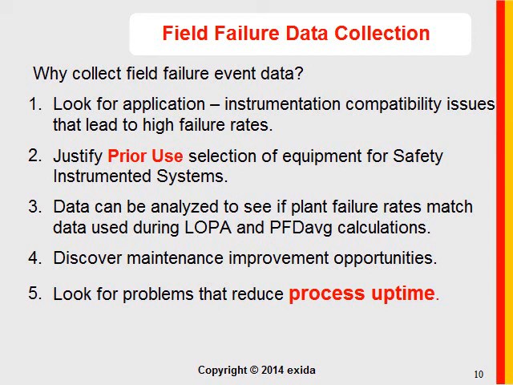Any improvements for maintenance could be flagged as a result of your data collection, and all this in the end should lead to higher process uptime. And of course, safety doesn't really pay the bills, it's an insurance, but in the end, what we want to achieve is high process uptime in a safe manner.